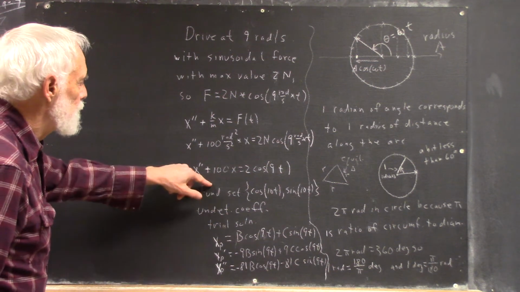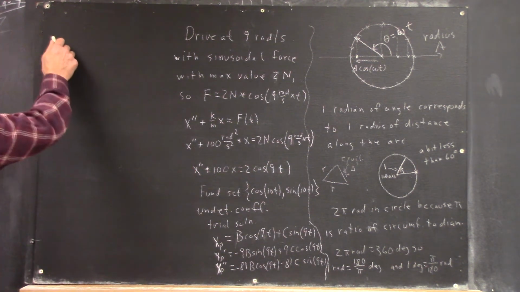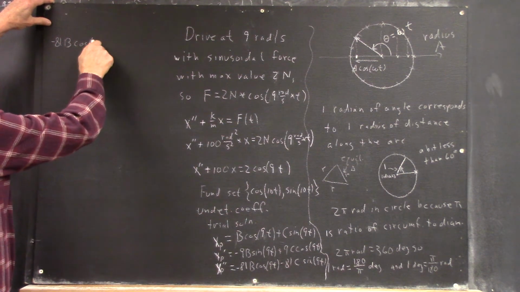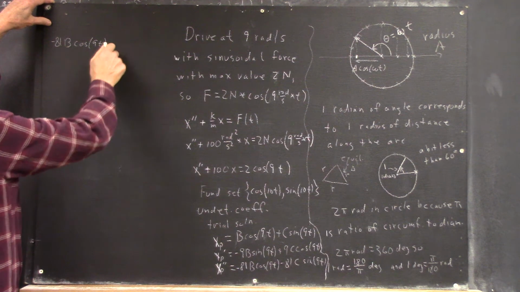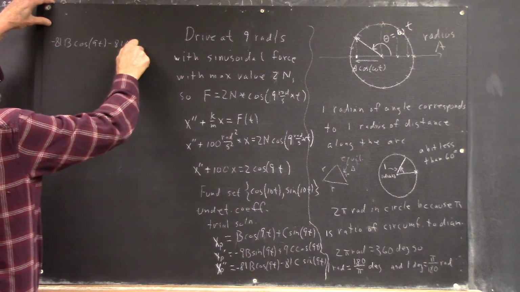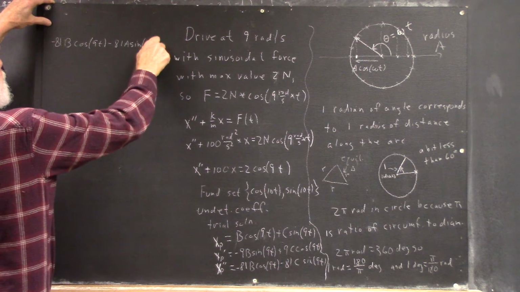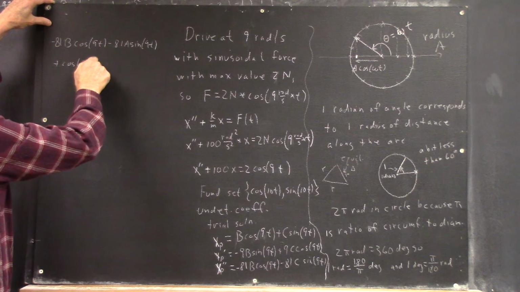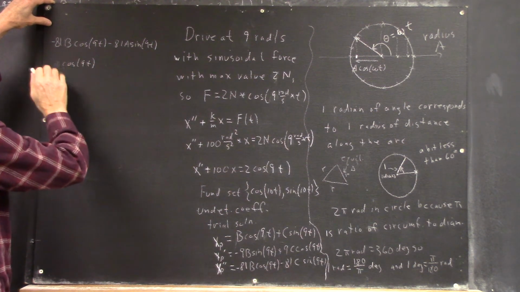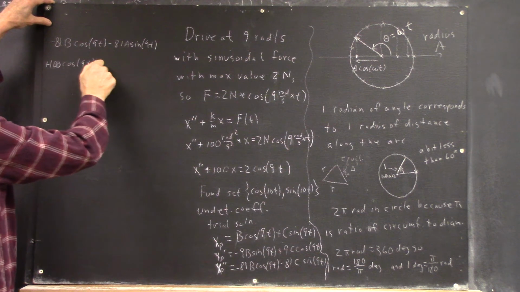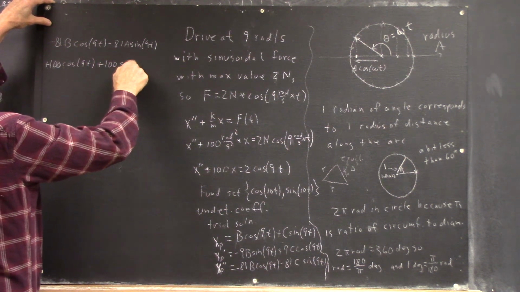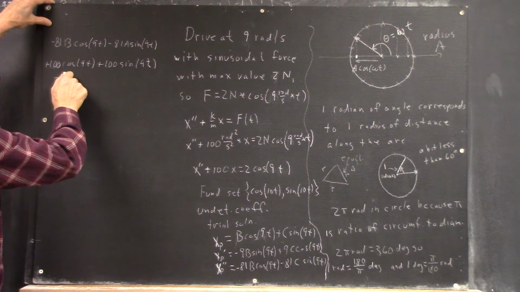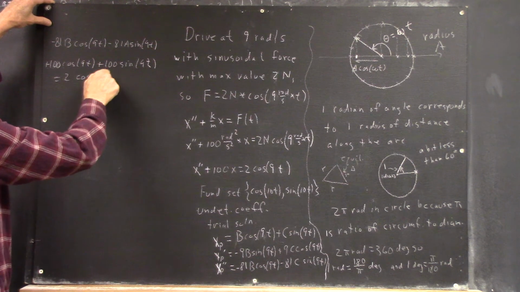Okay, so we plug this into the equation, and we get negative 81b cosine of 9t minus 81c sine of 9t plus 100b cosine of 9t plus 100c sine of 9t equals 2 cosine of 9t.